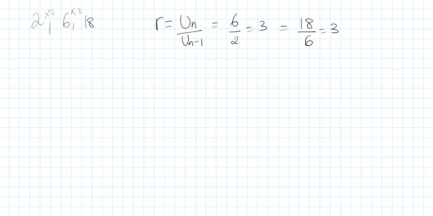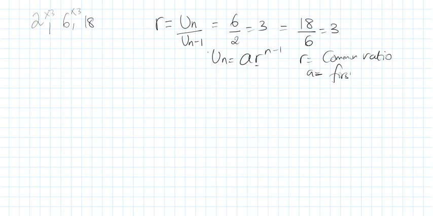And the general term for a geometric progression is given by un is ar^(n-1), where r is the common ratio. Okay, and the a is the first term, just like the arithmetic progression.